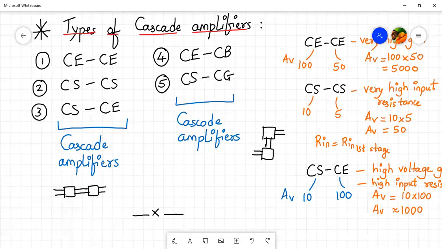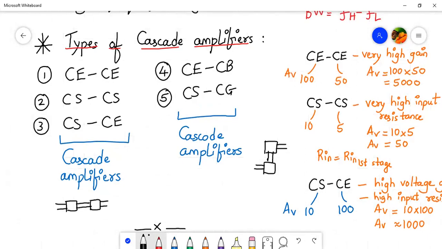And for all these cascade amplifiers, we have to do only a few types of analysis. Let me write it down before we leave.